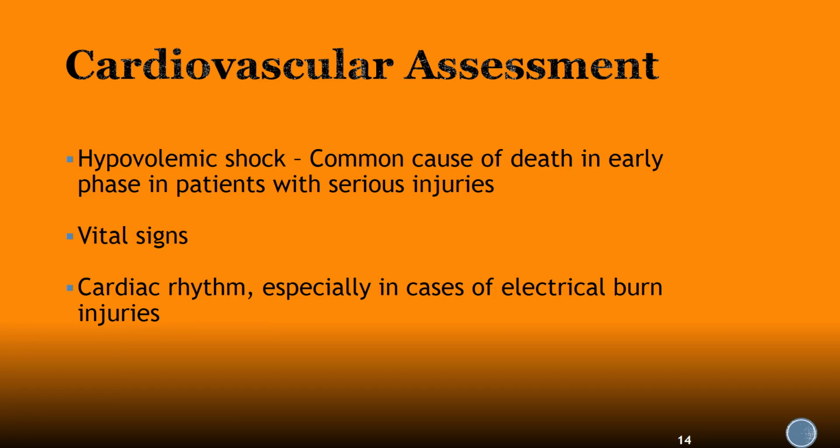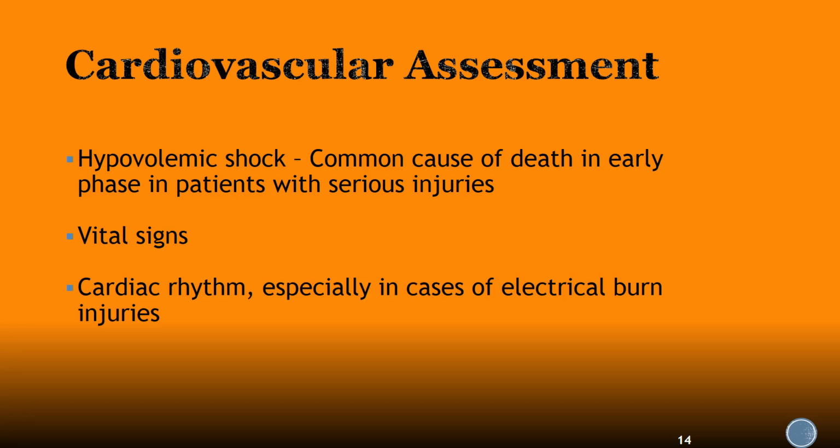Cardiovascular, again, I just had that follow right behind the vascular. Hypovolemic shock is a common cause of death early and after any serious injury, especially burns, so that is what you're watching for. We will study shock much more later, just getting an idea of what you're looking for in a burn patient in this chapter.